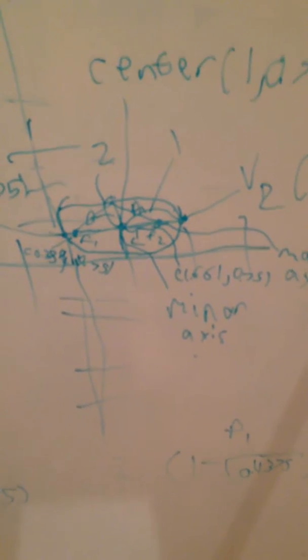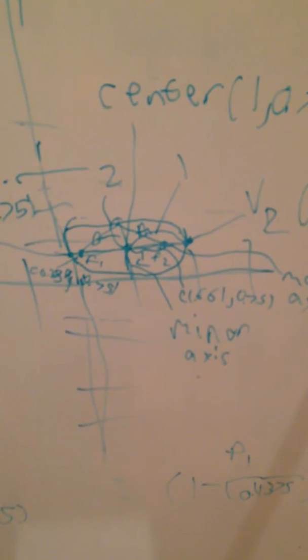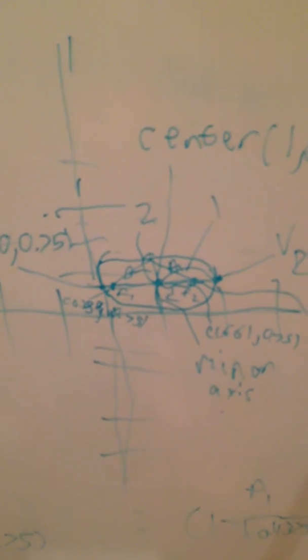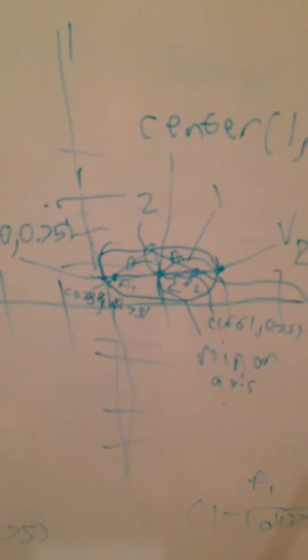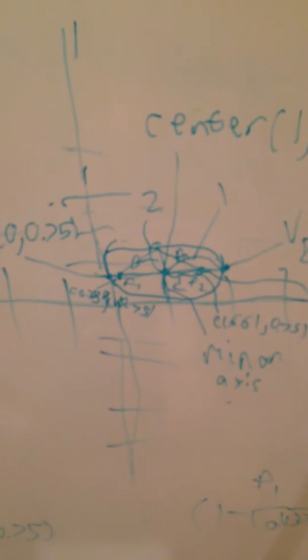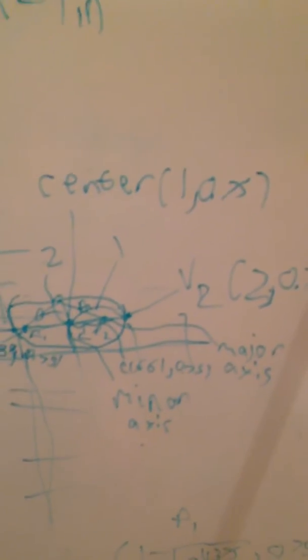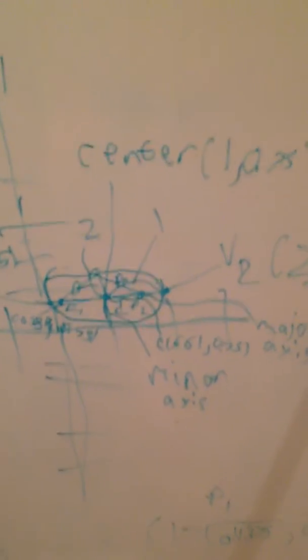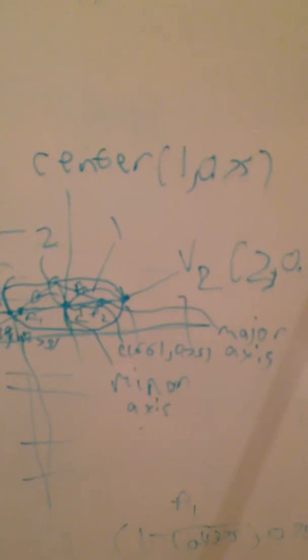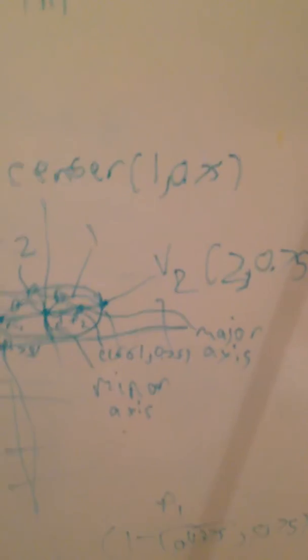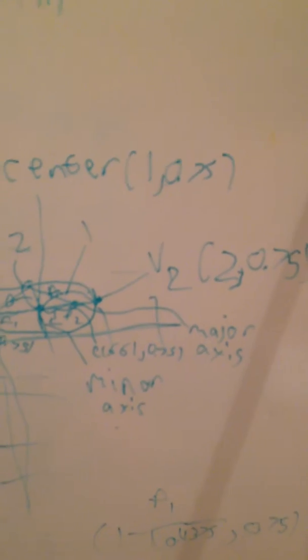and that is where the foci are, 2 points in there, which we will talk about later. But right now, the h value is 1 and the k value is 0.75 because that's the center. So the h is the x value of the center and the k is the y value of the center.